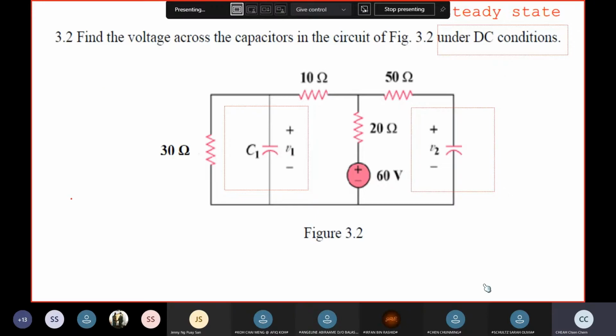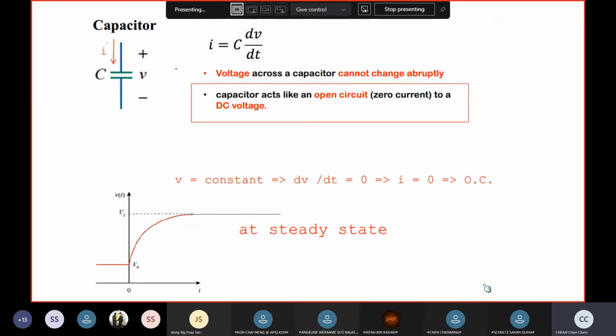And remember that a capacitor acts like an open circuit under DC conditions, correct? Because at steady state, there is no more change in voltage. It has fully charged up to the maximum voltage.